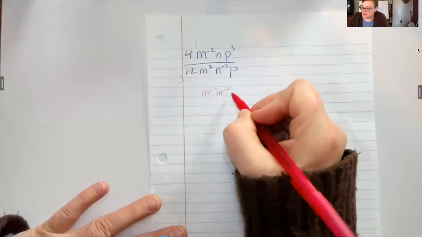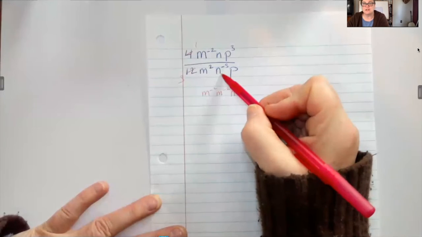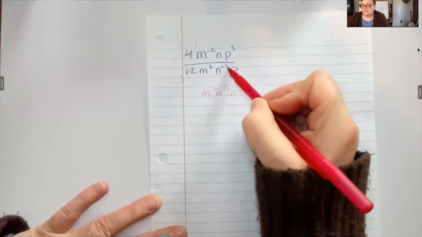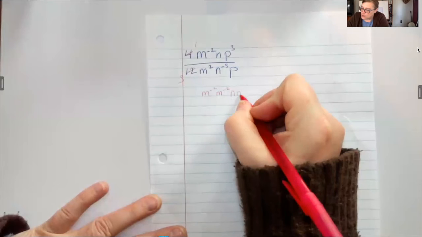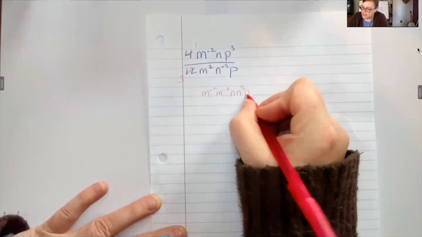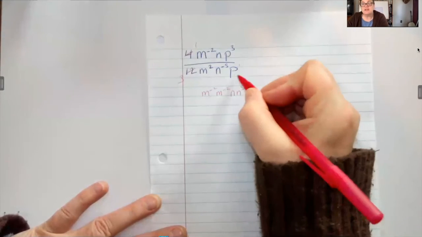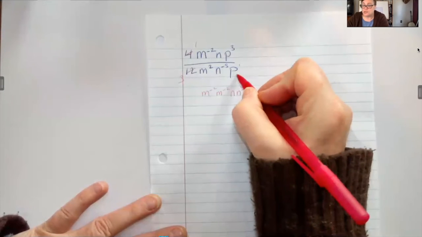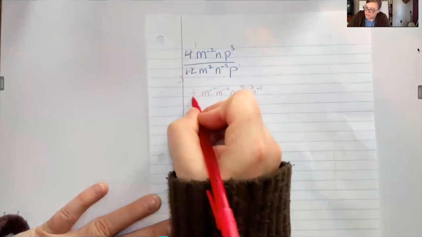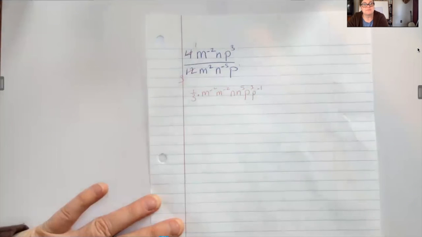Next, I have n. And then I would like to bring to the numerator n to the negative 5. So if it's n to the negative 5 in the denominator, it becomes n to the positive 5 in the numerator. In the same way, I have p cubed. And then I have p to the 1 power in the denominator, which makes it p to the negative 1 in the numerator. And I have 1/3 out front here.